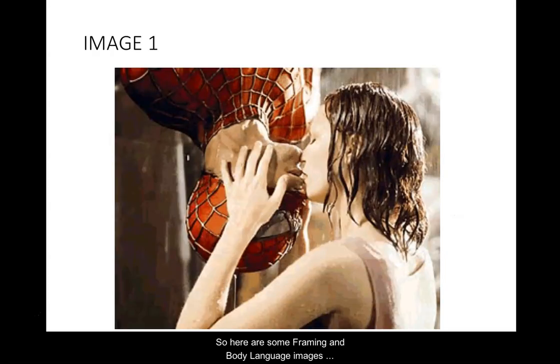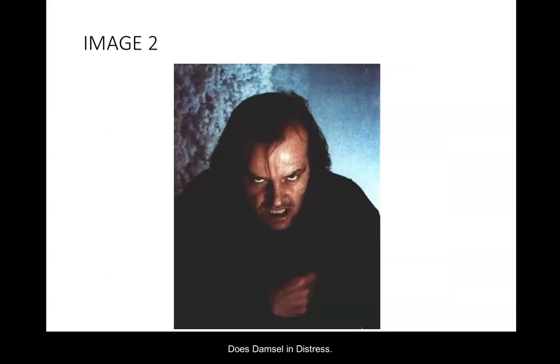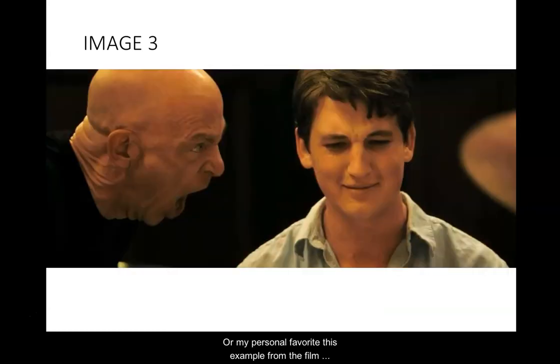So here are some framing and body language images that are quite famous that you might know: a romantic kiss between a superhero and his damsel in distress, an angry look from a killer who is on the run, or, my personal favorite, this example from the film Whiplash. The way this shot is composed, we see a lot of mise-en-scene elements working with body language and facial expressions.